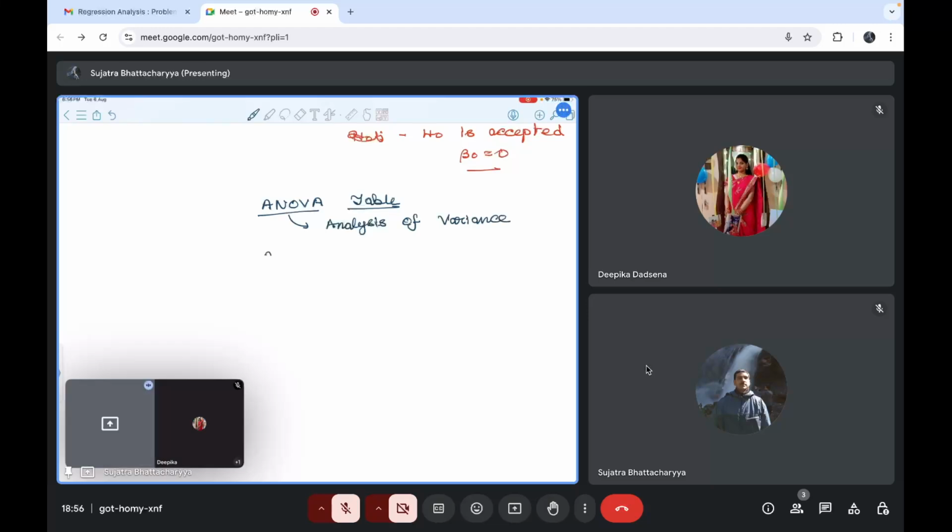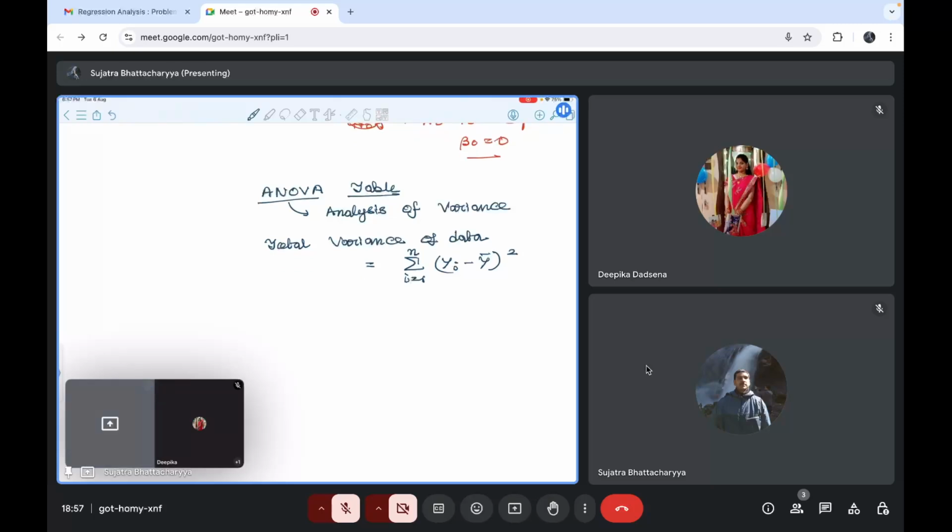So in general, if you look at the total variance of the data, whatever the data which I have given, or wherever you find some samples, the total variance of the data is the sum from i equal to 1 to n of yi minus y bar, whole square. Of course, generally for calculating variance, we divide by n, the number of samples which you have. But here I'm just writing the sum of the variability. Fine.